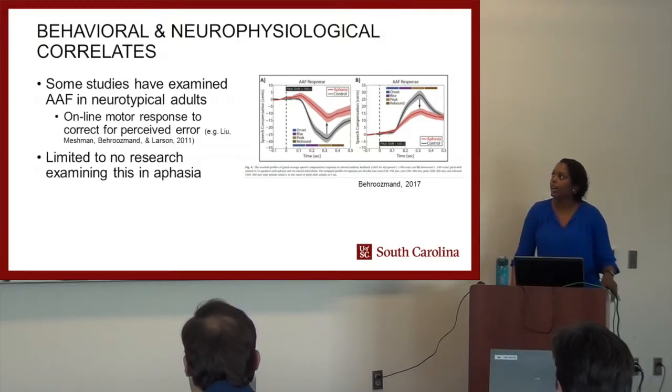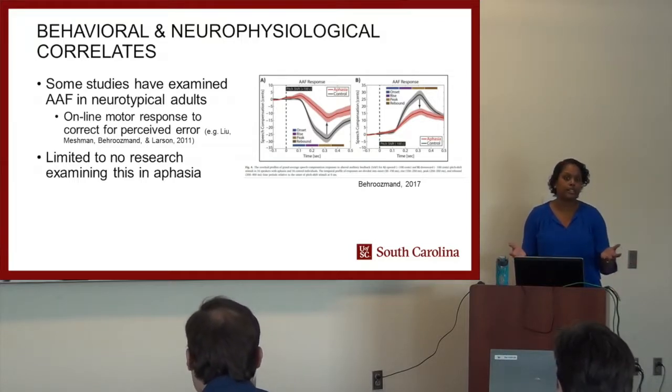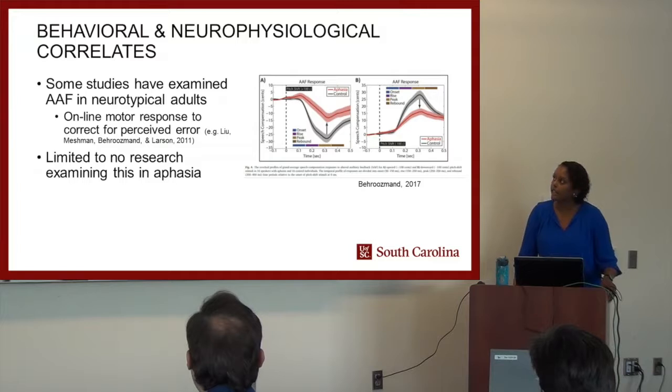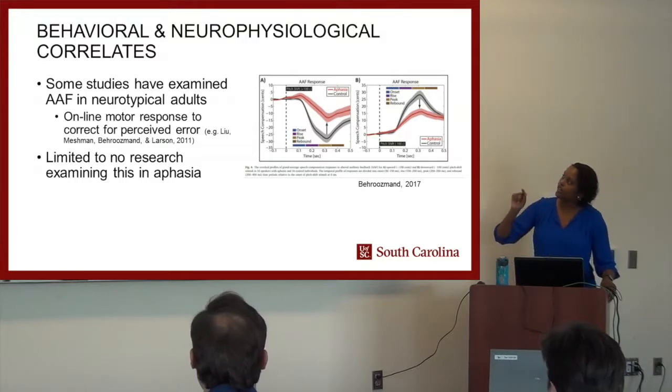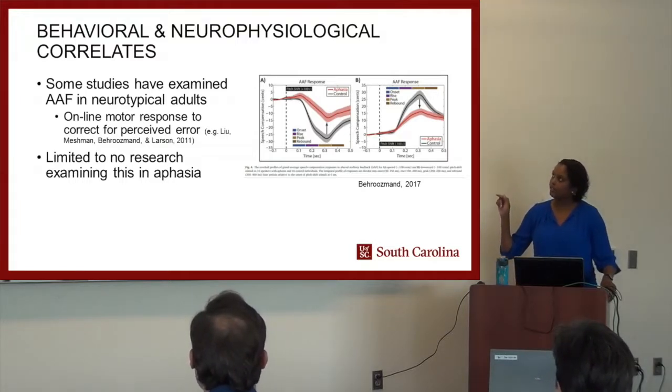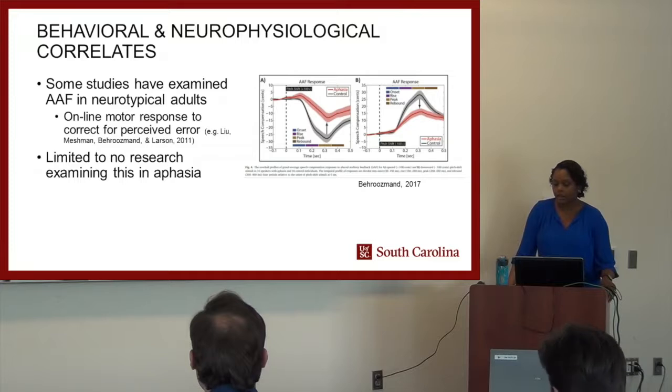This figure is data from a subset of the individuals I'll be talking about today. And as you can see, the individuals with aphasia, their performance is in red, and the control individuals' performance is in gray. And as you can see, it seems that they're compensating to a lesser degree in both directions than the controls.